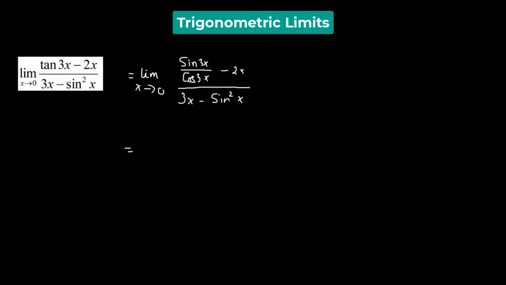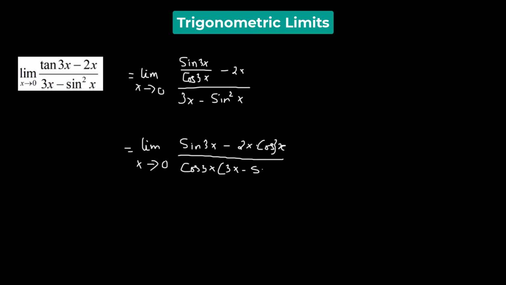And we combine the two terms in the numerator, and that will give us sine 3x minus twice x times cosine of 3x, divided by cosine of 3x. So we have a cosine of 3x here multiplied to 3x minus sine squared x.